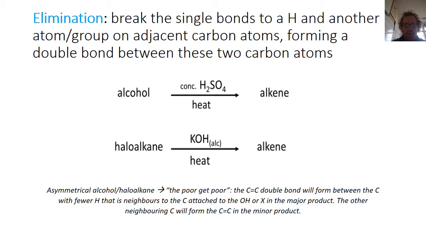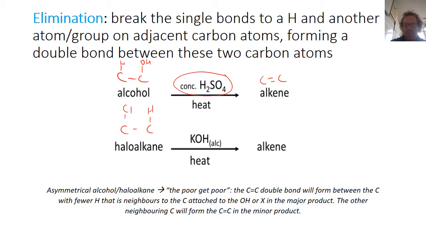Elimination, this is going backwards, the opposite of addition. It's where you break the single bonds to a hydrogen and another group on adjacent or neighboring carbon atoms and form a double bond between them. So we can eliminate an alcohol group to form an alkene, or we can eliminate a haloalkane to make an alkene.